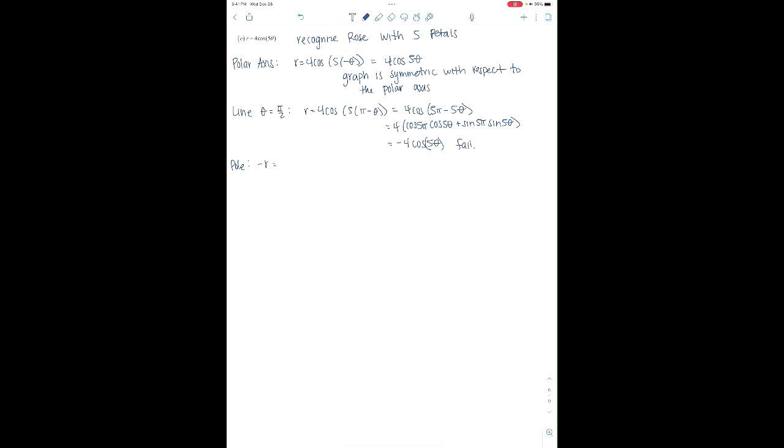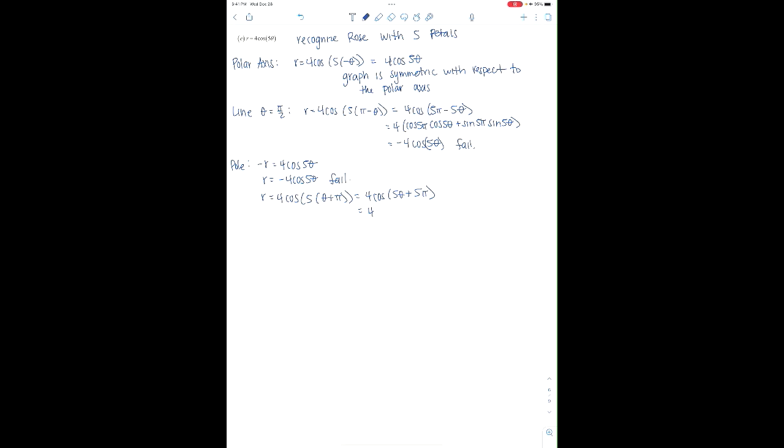And let's check the pole. Negative r equals 4 cosine 5 theta. That would be r equals negative 4 cosine 5 theta. So that's a fail. The other test we have is r equals 4 cosine 5 times (theta plus pi). That'll give us 4 cosine (5 theta plus 5 pi).